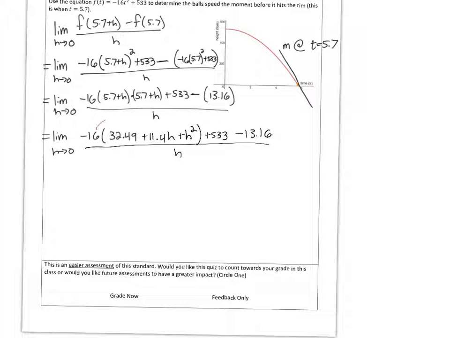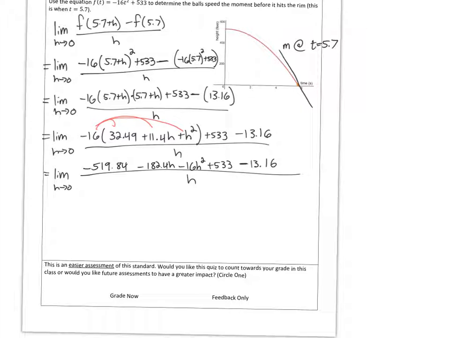Now I need to distribute this 16 to everybody. So the limit as h approaches 0 of negative 519.84 minus 182.4h minus 16h squared plus 533 minus 13.16. All of that over h.